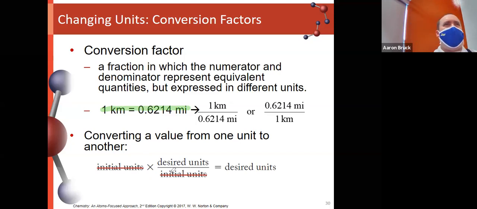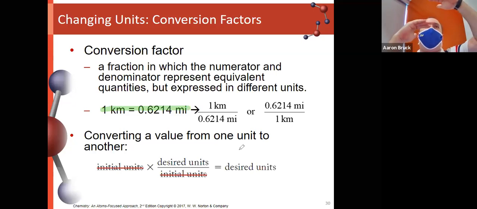With that equality, we can turn anything that we can hook together with equal signs into a fraction. And when we multiply a measured value by either one of these fractions, it is essentially the same as multiplying it by 1, since the two values in the numerator and denominator are equal to each other.